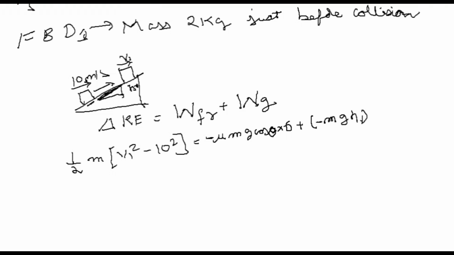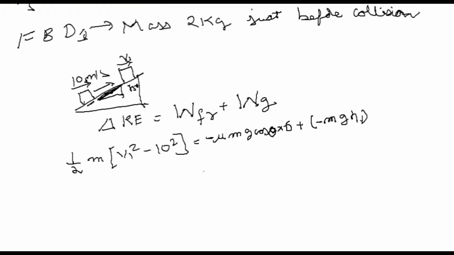When this block travels along the inclined plane, it travels some horizontal distance and some vertical distance, so we have to consider the vertical distance while considering the gravitational potential energy. Here we have h1, and it is negative because the direction of the force and the direction of displacement are opposite.